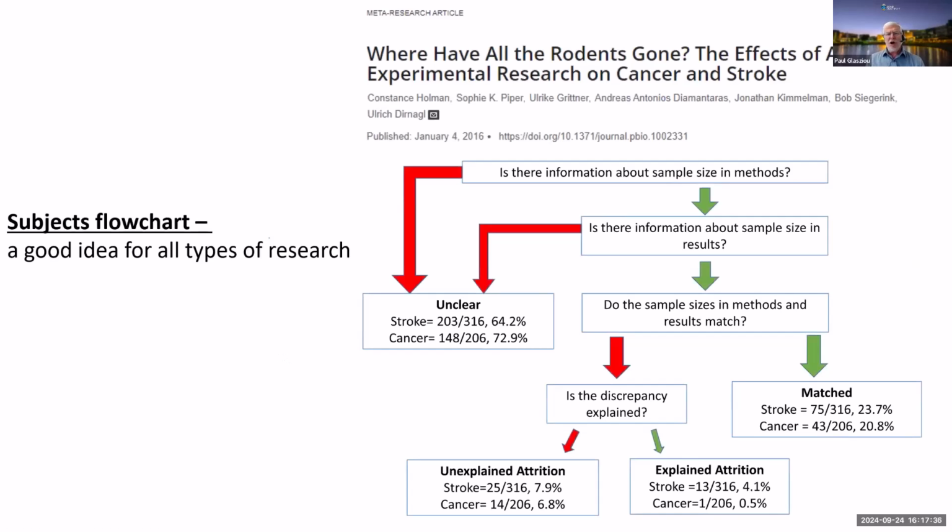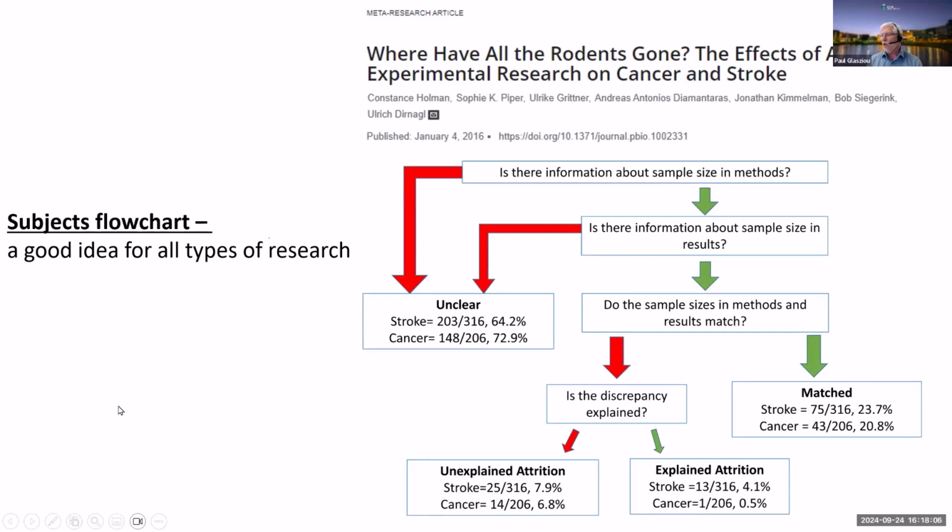One of my favourite titles of a paper ever is "Where Have All the Rodents Gone?", which was about the effects of attrition in experimental research on cancer and stroke. This was about rats and about whether they gave the sample size and whether there was a discrepancy between what they said they were going to get and what was in the results section. And there was a lot of unexplained missing data within that, whether it was either unclear or unexplained attrition.